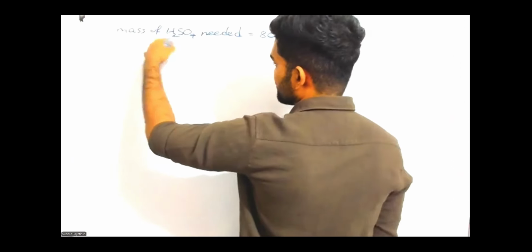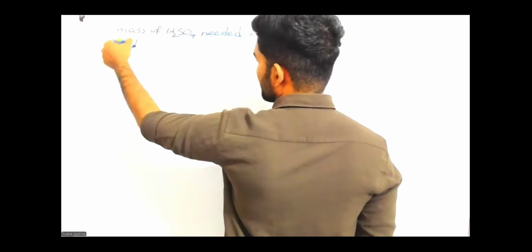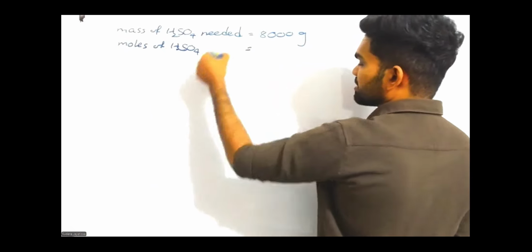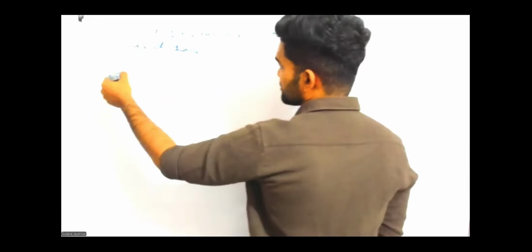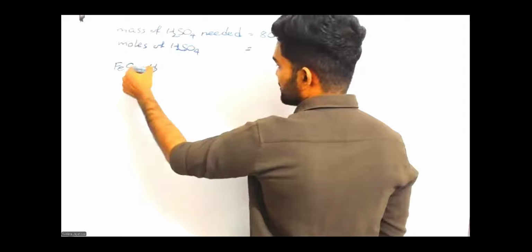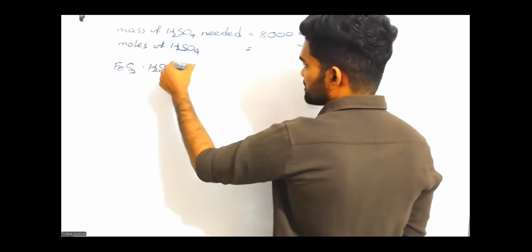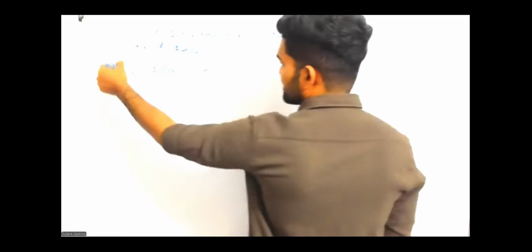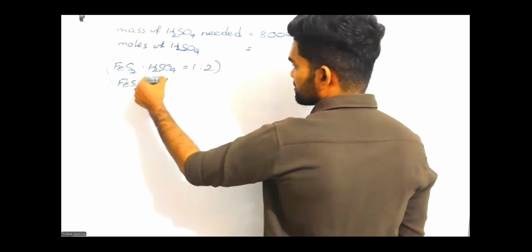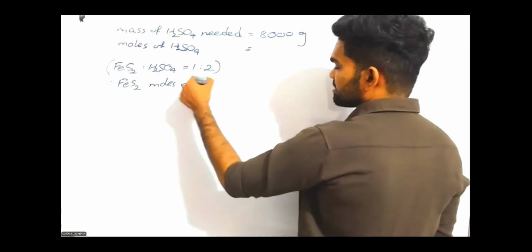So this is the mass of sulfuric. So let's find out moles of sulfate. Then you need to show FeS2 to sulfuric ratio. That was 1:2. We mentioned this earlier. So therefore, FeS2 moles needed.